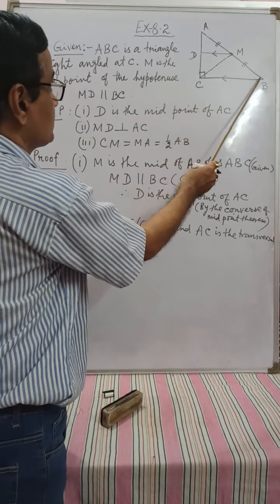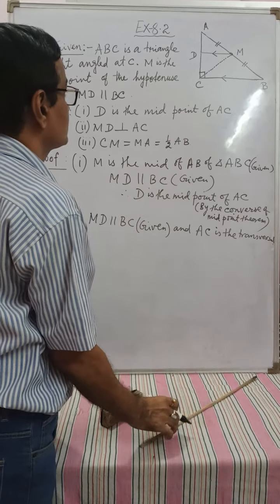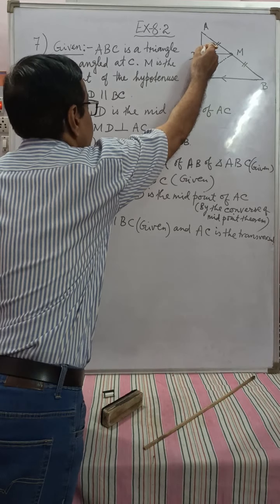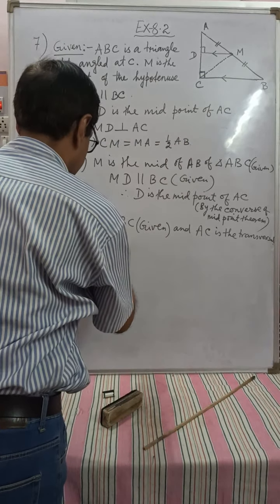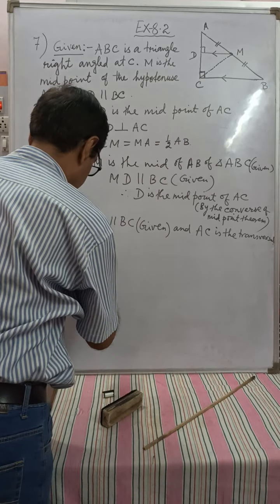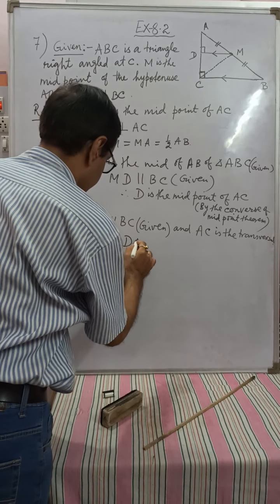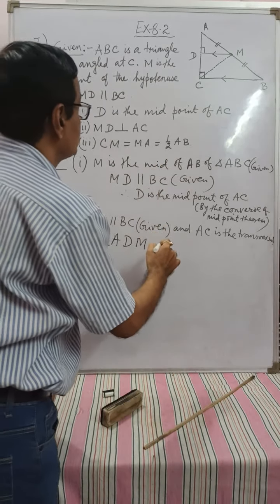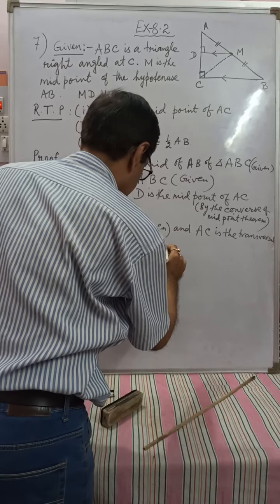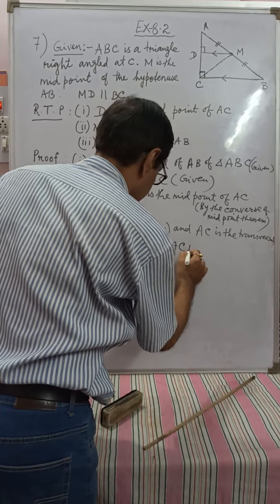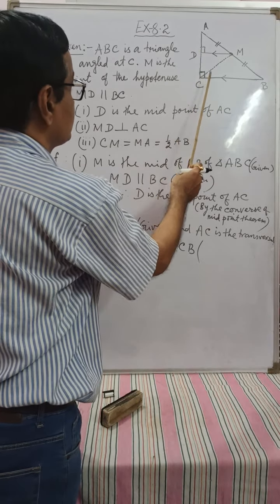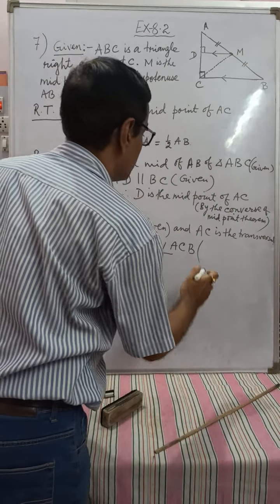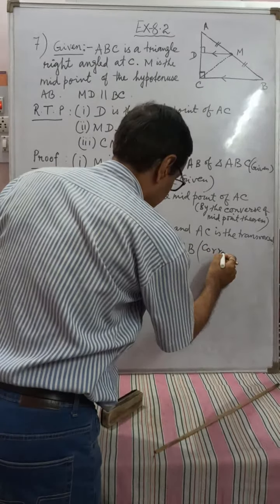So we can say this angle and this angle are both equal, that is ADM. Therefore angle ADM is equal to angle ACB. Why? Because these are parallel, AC is the transversal, these two angles are equal, corresponding angles.